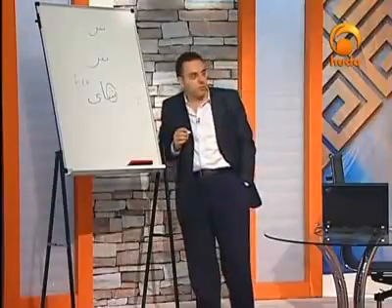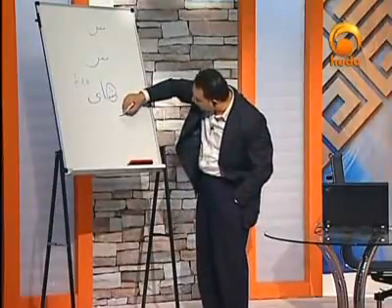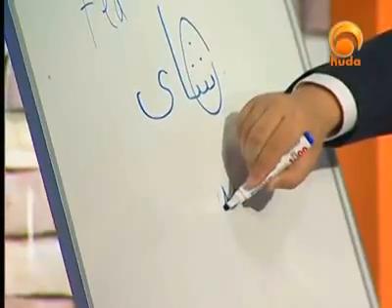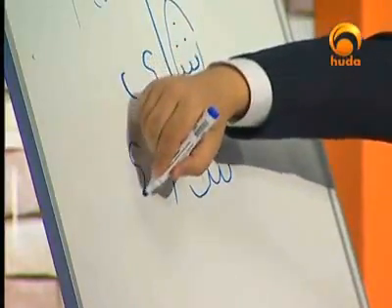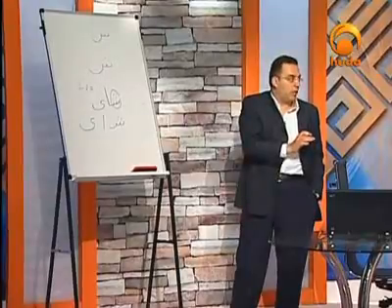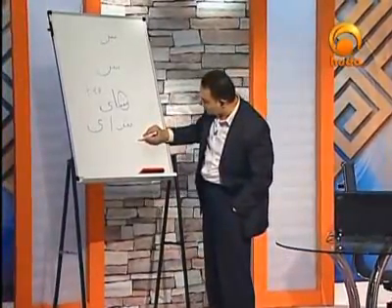Say it again. Shay. Okay. So how many letters do we have in this word? One, two, three. Okay. Here is Sha, and then ya. Then I would like to combine and connect all of them together, so we make that in this way.